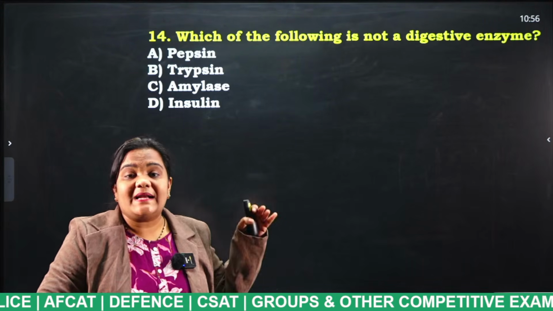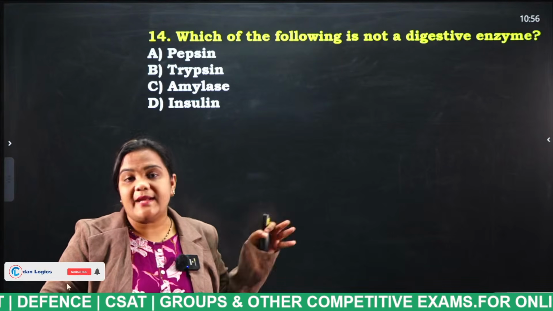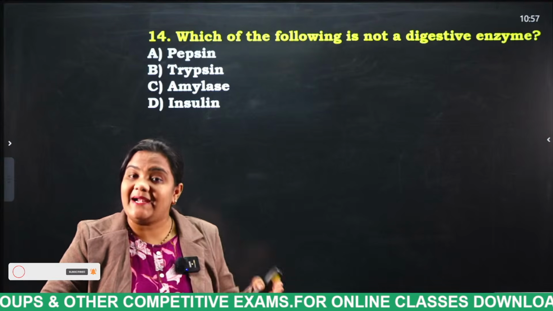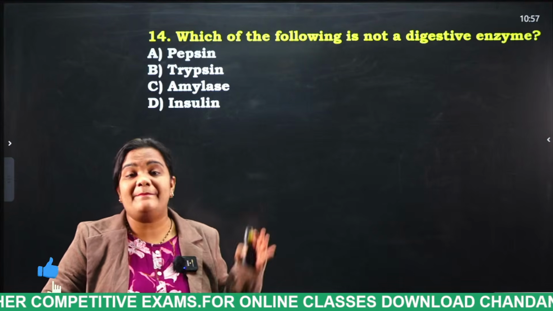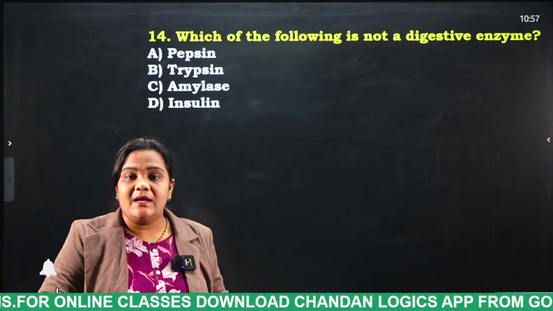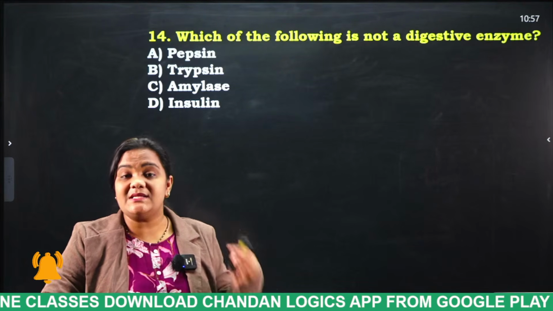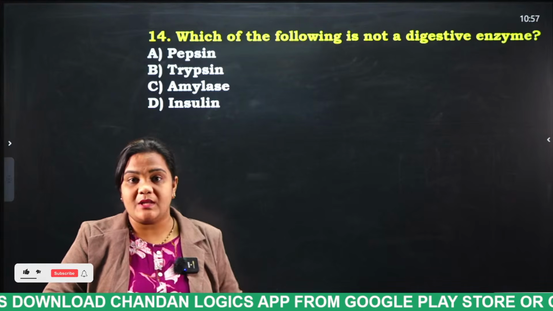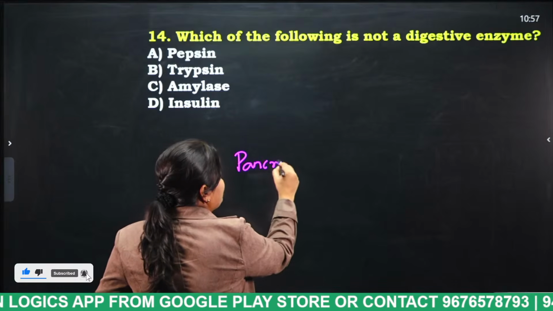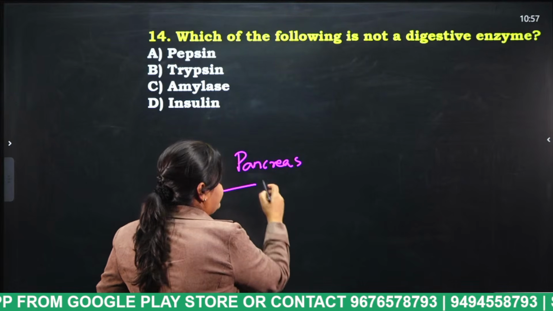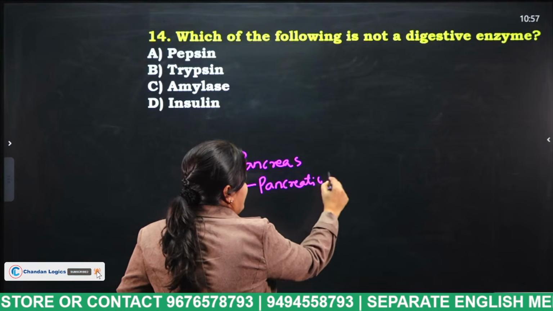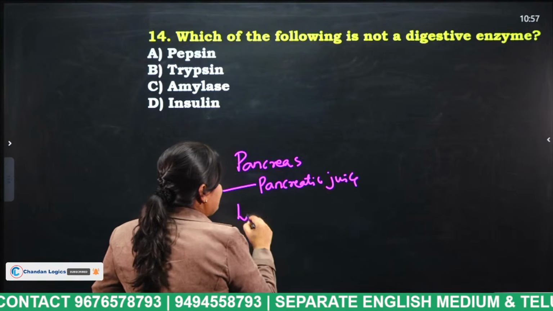That means the glands which secrete enzymes are exocrine glands, and the digestive enzymes are secreted by exocrine glands only. The pancreas acts as both an endocrine and exocrine gland, so it also releases digestive enzymes. The pancreas releases pancreatic juice, and what does the liver release, students?